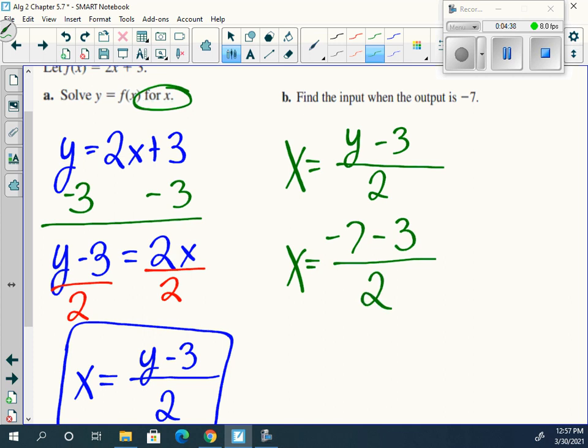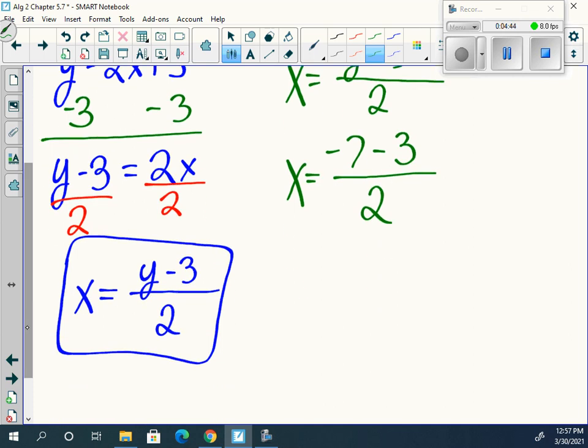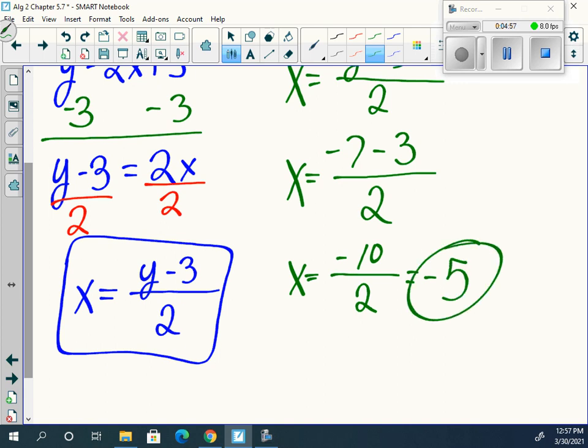I want to find out what x is. Well, -7 minus 3 is -10. And -10 divided by 2 is -5.